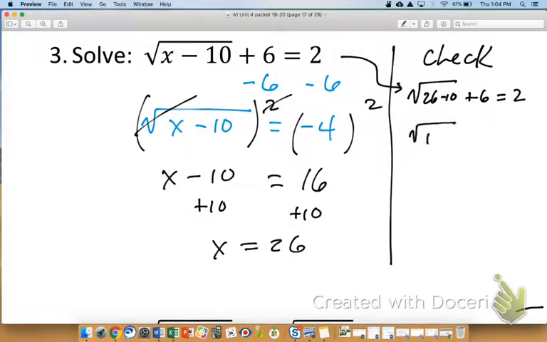This is 16 right there. So this is 4 plus 6 equals 2.